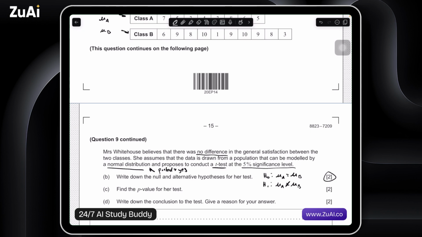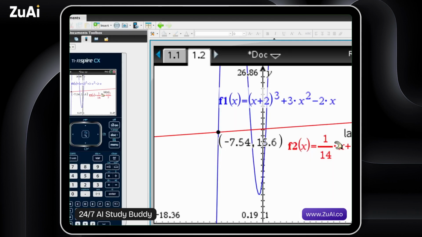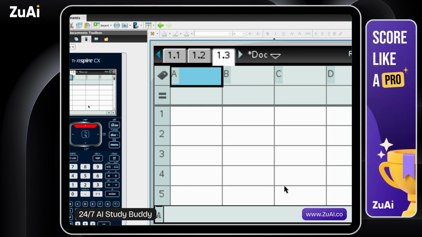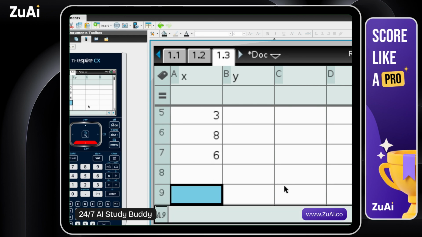Find the p-value for her test. Okay, we know it's at the 5% significance level. That comes later. Find the p-value. Let's go into the calculator screen and work this out. Go back to spreadsheets. Let's set a value for x and y, or class A and B, and let's input the values. 7, 5, 3, 4, 3, 8, 6, 5.